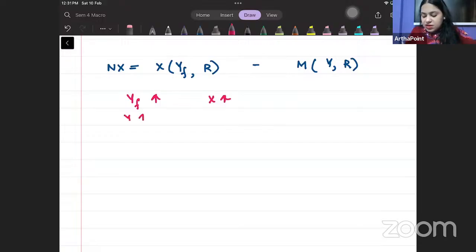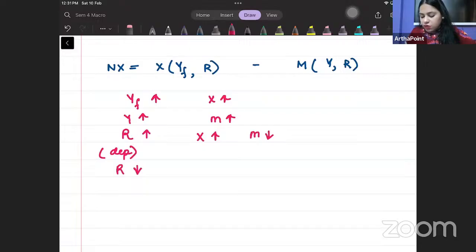When domestic income increases, imports will increase. When the exchange rate increases, that means depreciation, exports will increase and imports will fall. When the exchange rate falls, that means appreciation, exports will decrease and imports will increase. We have done this much.